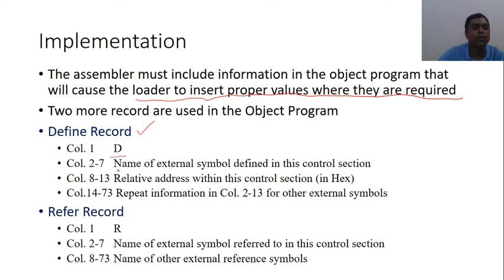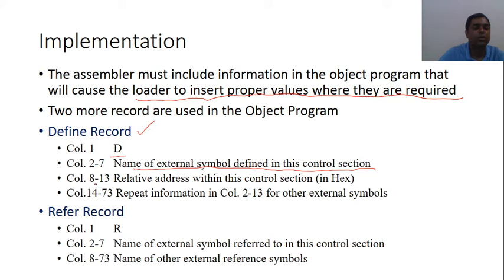Column 2 to 7, name of the external symbol defined in this control section. That means we have to mention the name of the external symbol that is defined in this control section.